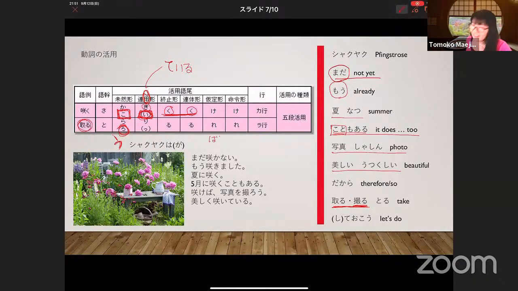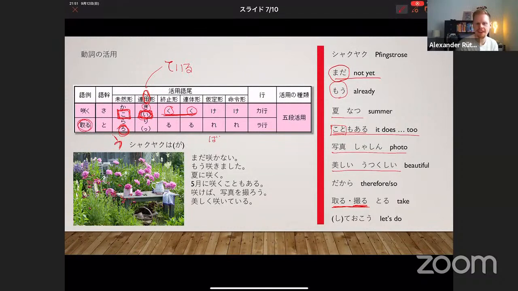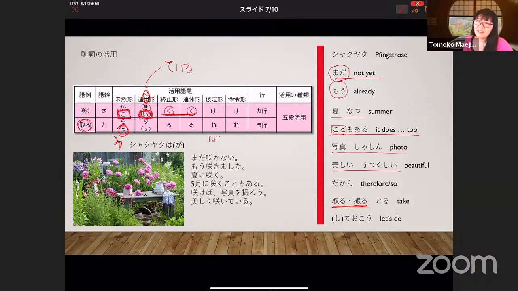Well done! 芍薬は美しく咲いている。I thought it would be really hard for you to understand this, but it seems really easy for you. You understood it perfectly. When you figure out the concept, it's easier. So I think this chart here is very nice. Now you know how you do it.